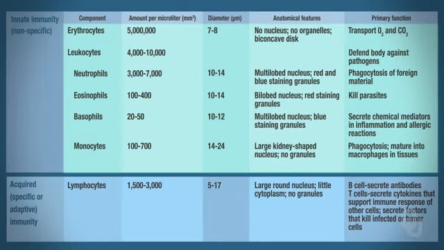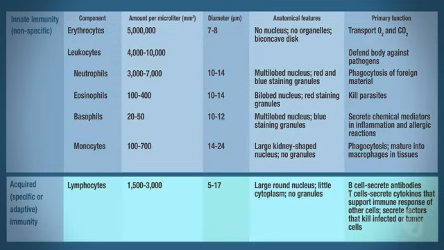So neutrophils, eosinophils, basophils, and monocytes are all cells that are important in an innate response. The lymphocytes, on the other hand, are the type of white blood cell that are important in the acquired response. You don't have to memorize the amount of each of these cells in a microliter or their diameters or any of that. You need to understand their anatomical features and their functions.